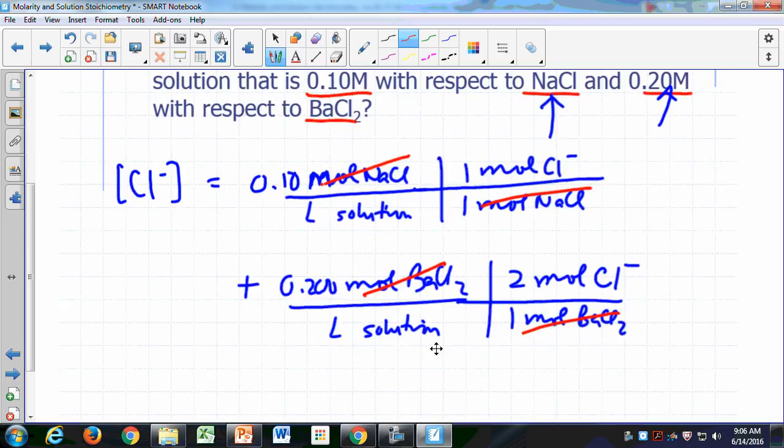And so what we end up getting here would be 0.1 times 1, so this thing on top is 0.1, this is 0.4. So that's going to be 0.500 moles per liter. Okay, that would be the chloride concentration in this solution.